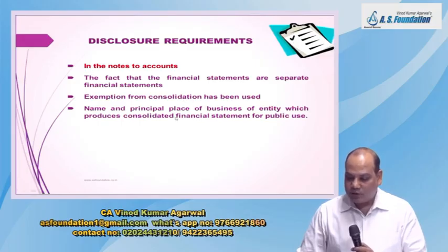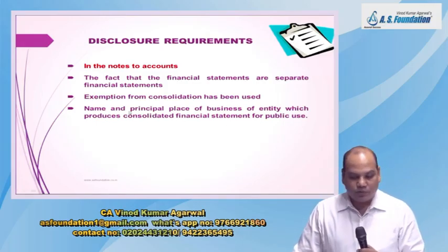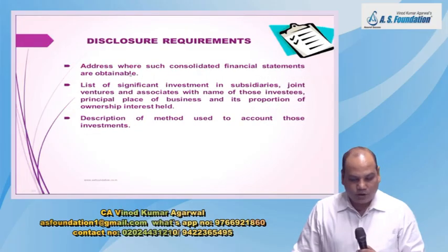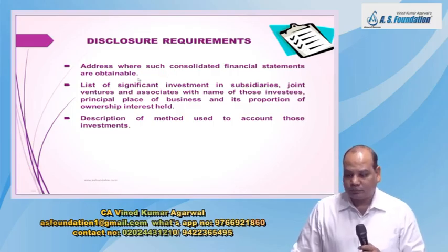So if you are exempted, at least one of your parents must be preparing CFS for public use, so you have to disclose the name and principal place of business. Then the address where such consolidated financial statements are obtainable.